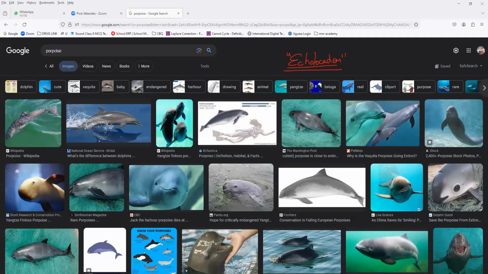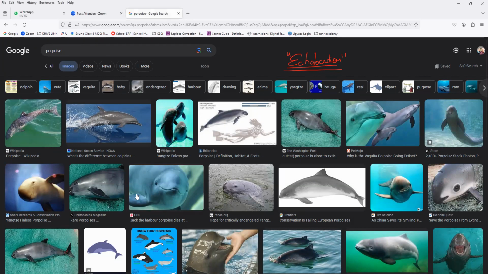It is a biological sonar used by several kinds of animals for communication or hunting.